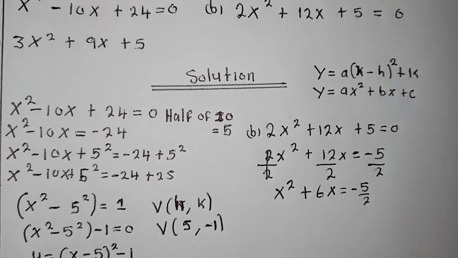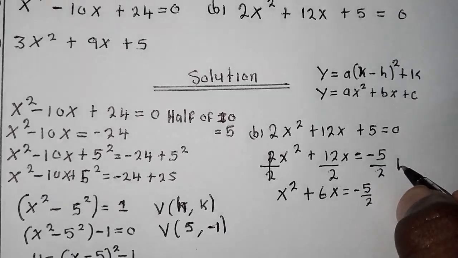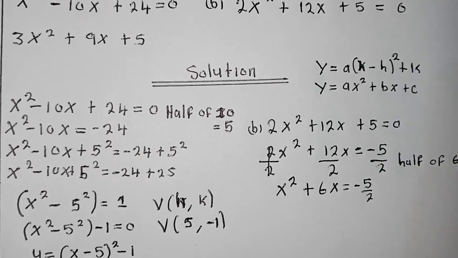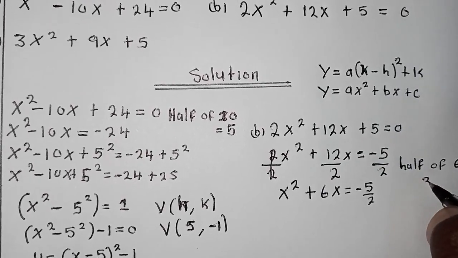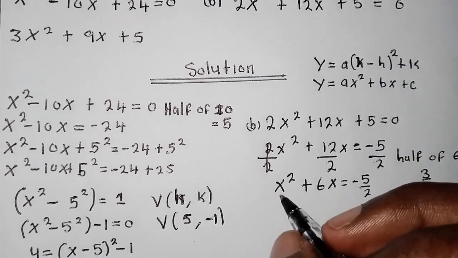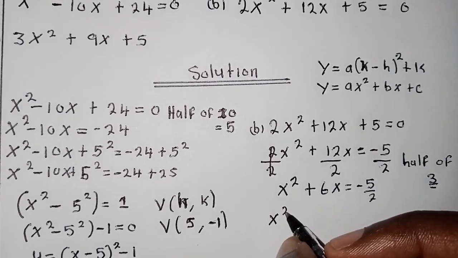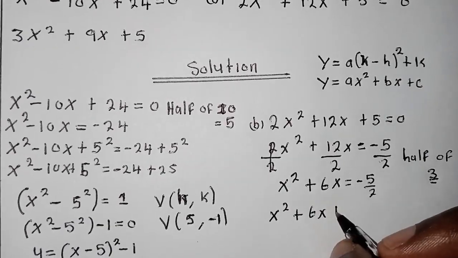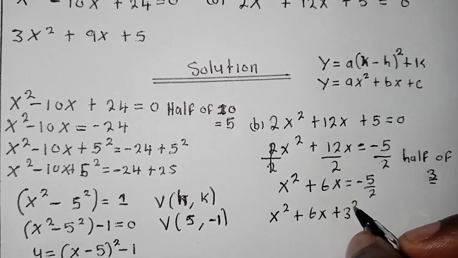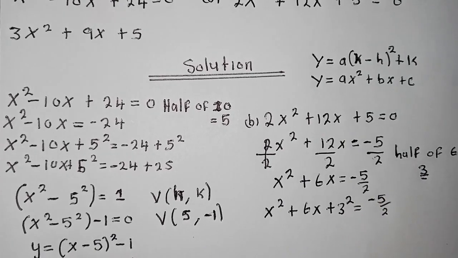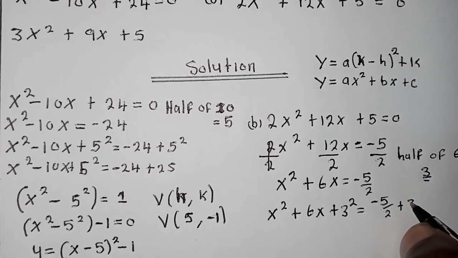Okay, the same concept applies. You say half of 6. So half of 6 is 3. So this is just the same as x to the power 2 plus 6x plus the half to the power 2 equal to negative 5 over 2, the same thing, plus half to the power 2.